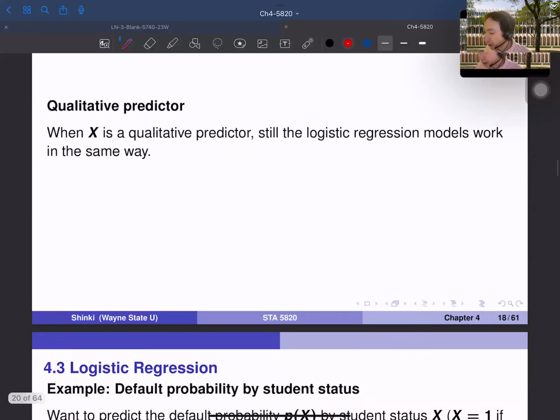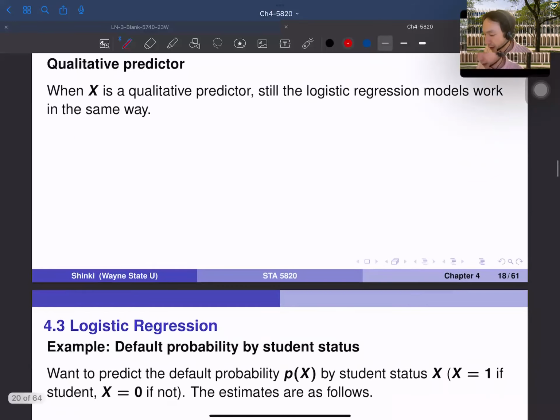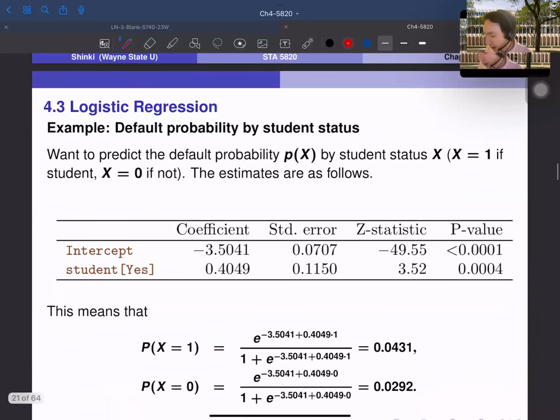So when X is a qualitative predictor, the logistic regression model still works in the same way. This is one example, where we fit the default probability by the status, whether the individual is a student or not.